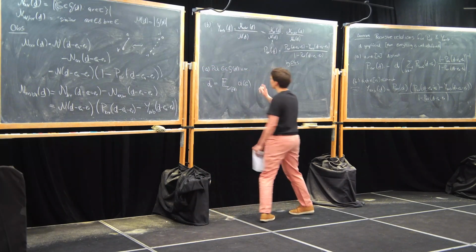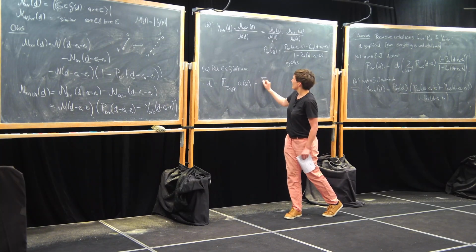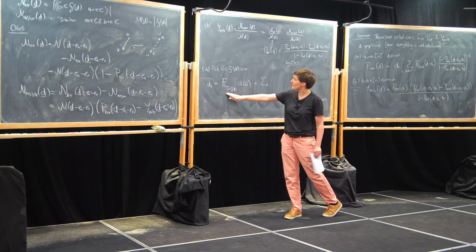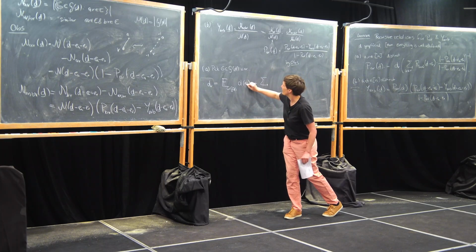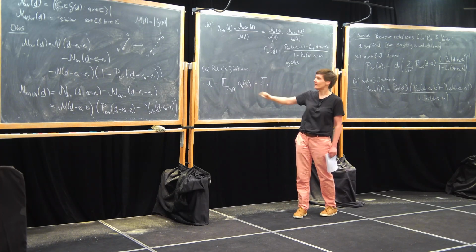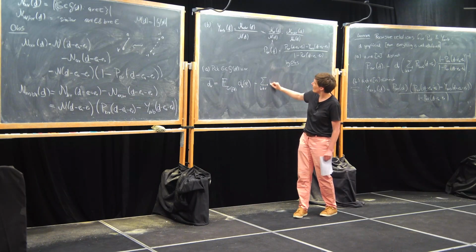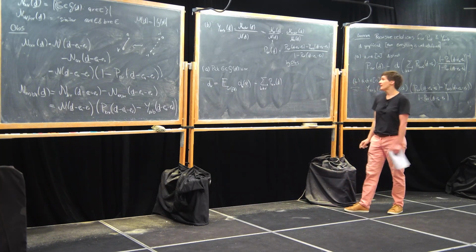So it's the expected degree, but this one you can rewrite as the sum. What's the expected degree of vertex V in G? I'm summing over everything that is not vertex V, the probability that I see an edge between B and V. Okay?